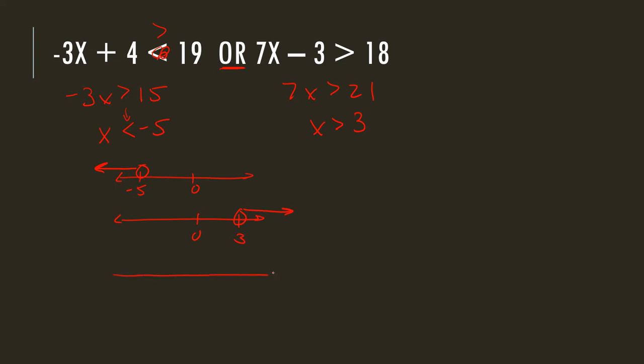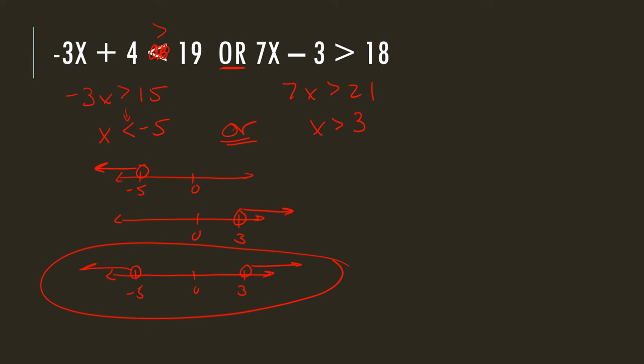But if I use my OR statement, that x can be less than negative 5 or greater than 3, this is my solution, because x can be either of these things. It doesn't have to fulfill both statements at the same time.